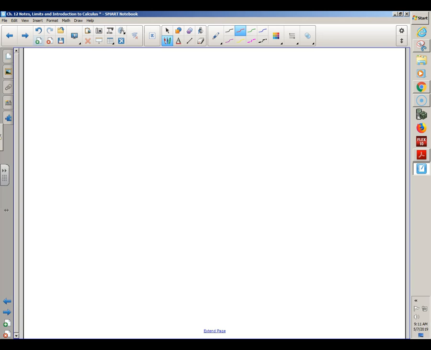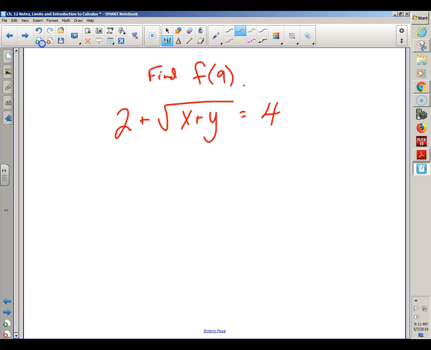If I was to say something like, find f of 9 given the square root of x plus y is equal to 4. Something like that. I don't know. Maybe it's a little bit too easy. Here we go. Let's do 2 plus.